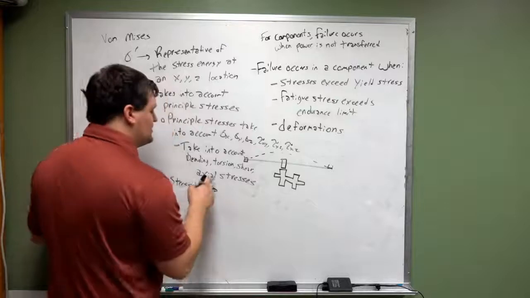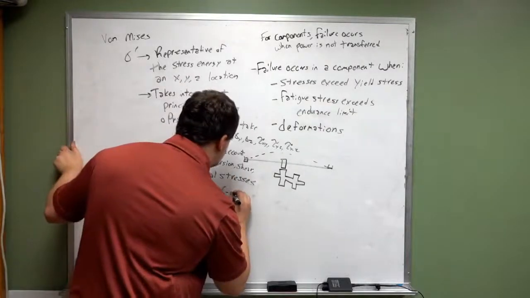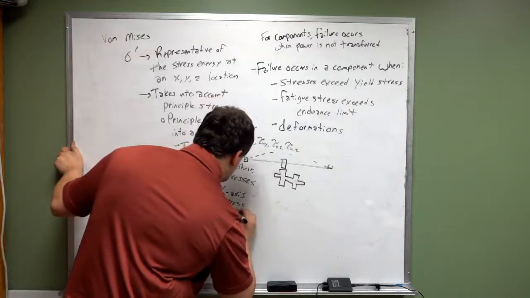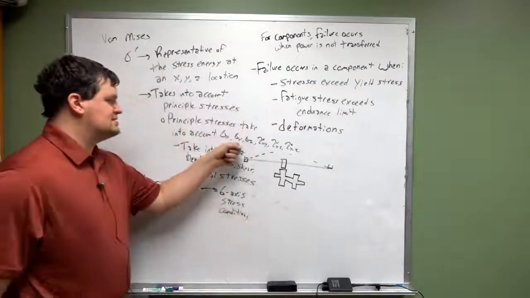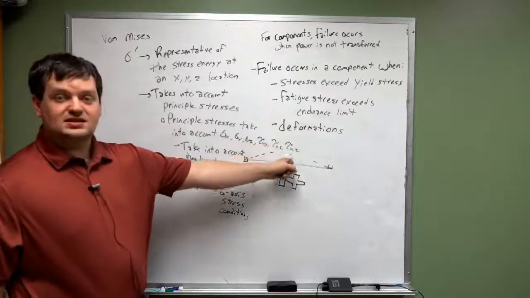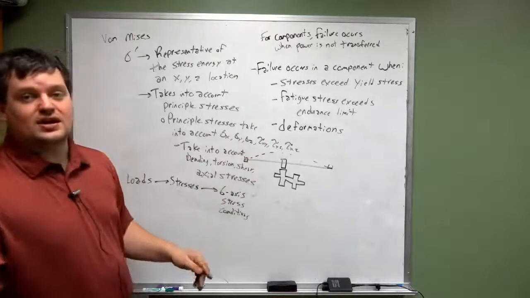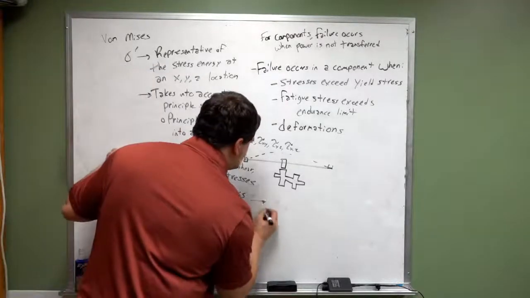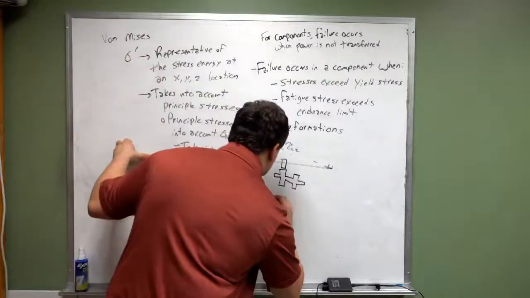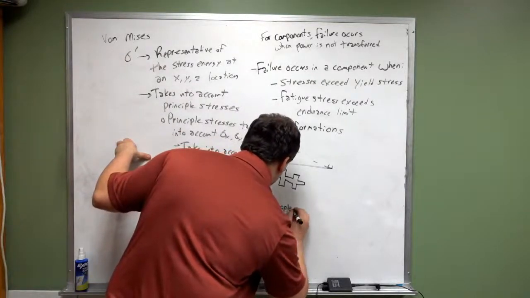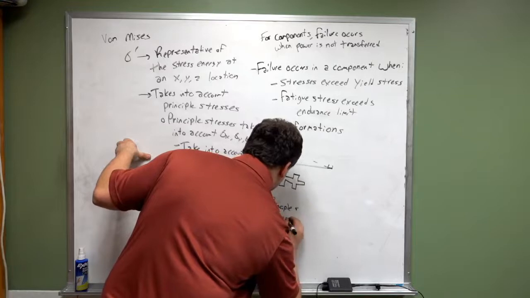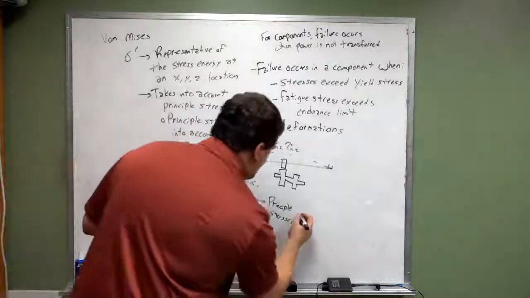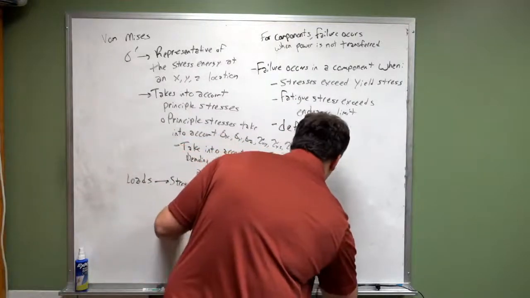Okay? Once you've come up with these stresses, then you come up with your 6-axis stress conditions. Okay? That's these. Sigma x, sigma y, sigma z, tau xy, tau yz, tau xz. Okay? That's your 6-axis stress conditions. Once you know your 6-axis stress conditions, then you calculate your principal stresses. Once you know your principal stresses, then what you do is you have to rearrange them so that they're ordered.